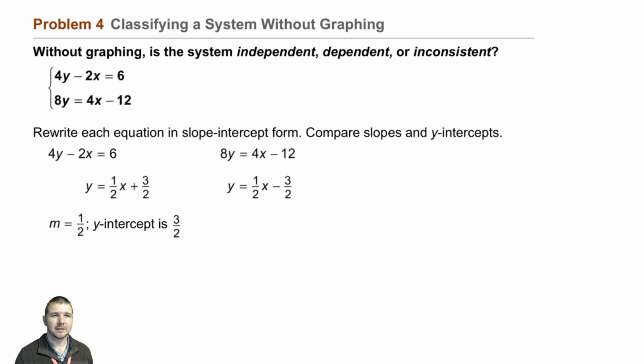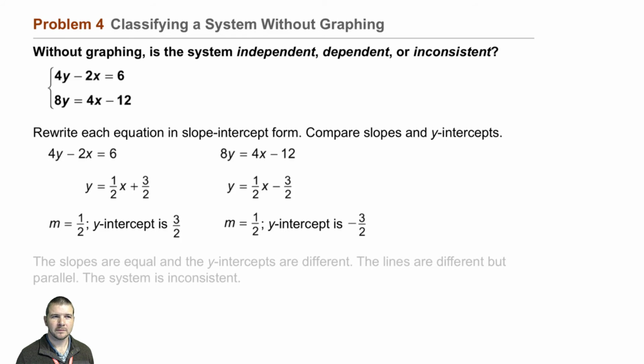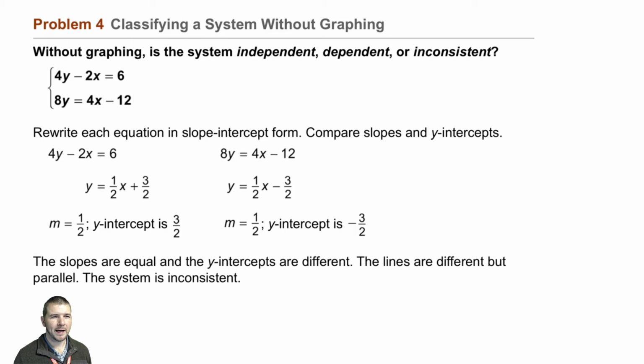On the right, the slope is also 1/2, and the y-intercept is negative 3/2. So note we have the same slope, but different y-intercepts. The slopes are equal, and the y-intercepts are different. So the lines are different, but parallel. This means the system is inconsistent.